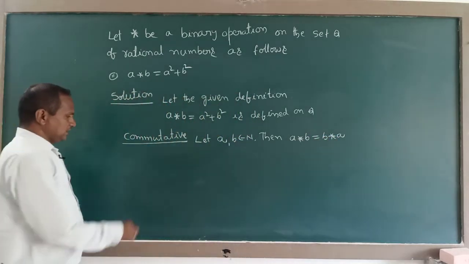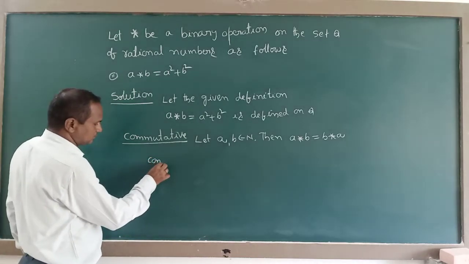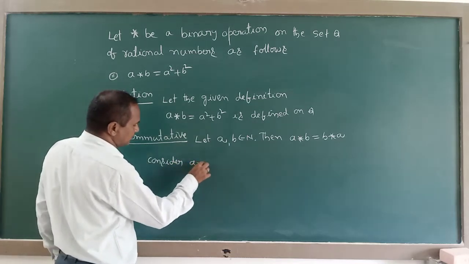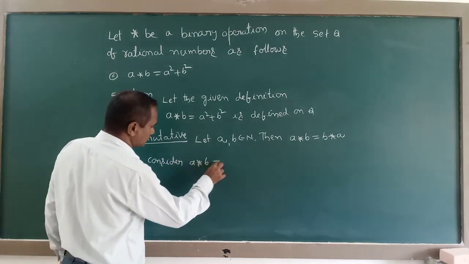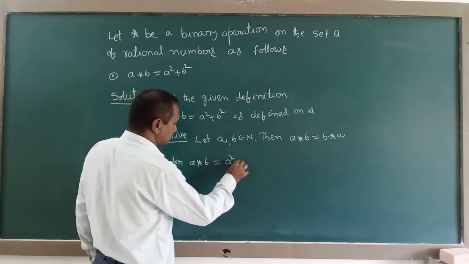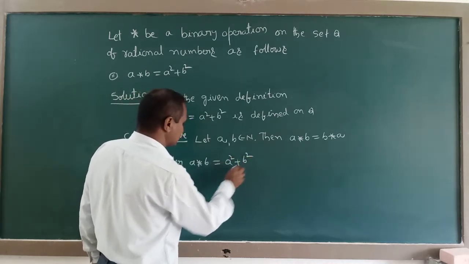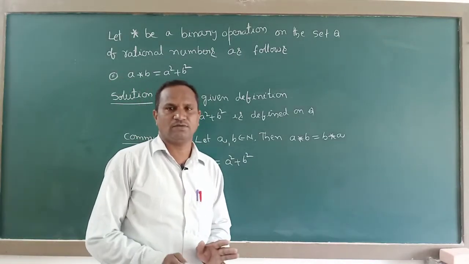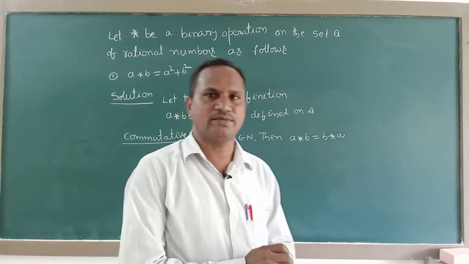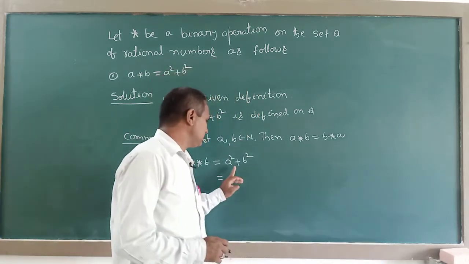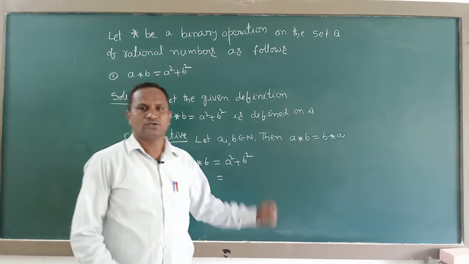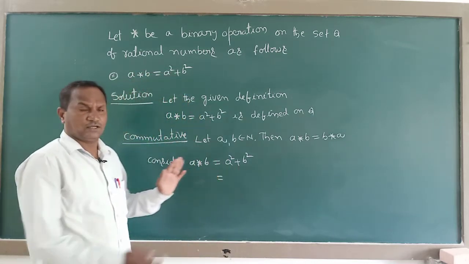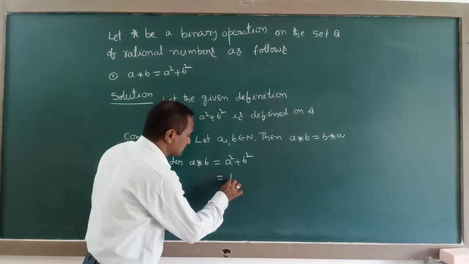Now consider a star b is equal to a square plus b square. That is the sum of the squares of these two terms. a square plus b square can also be written as b square plus a square.